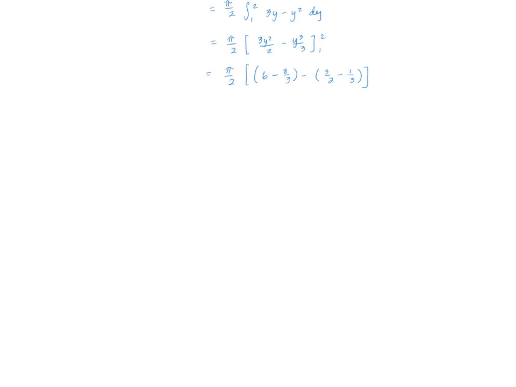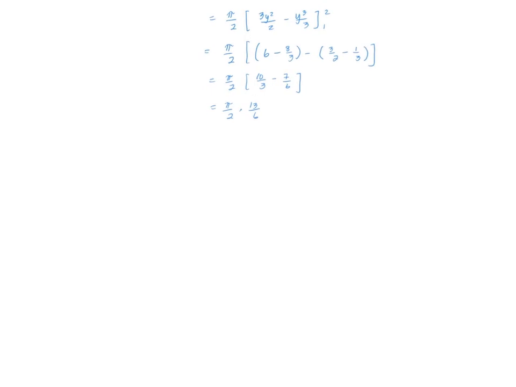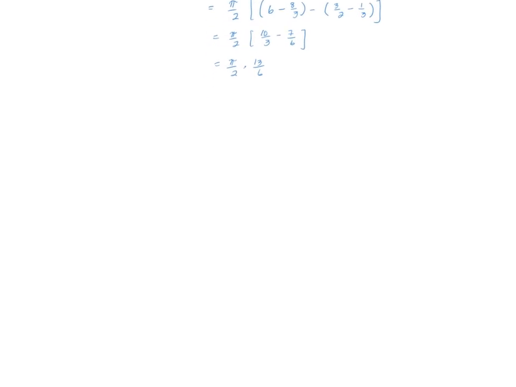What is that? 10 over 3 minus 7 over 6. Okay. So this would be 13 over 6 times our pi over 2. It doesn't look like anything will reduce, so it looks like it's going to be 13 pi over 12.